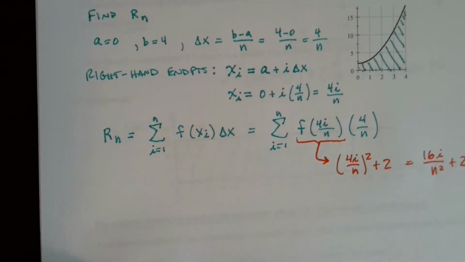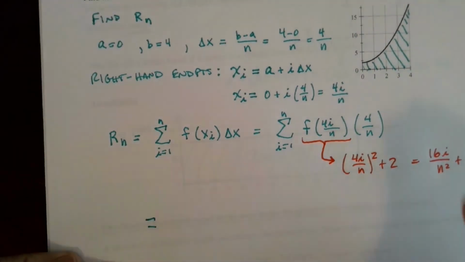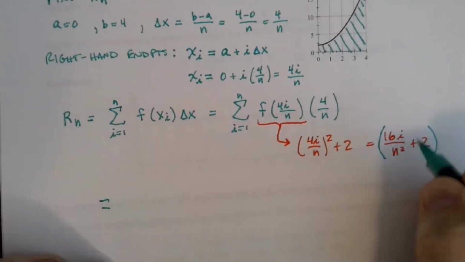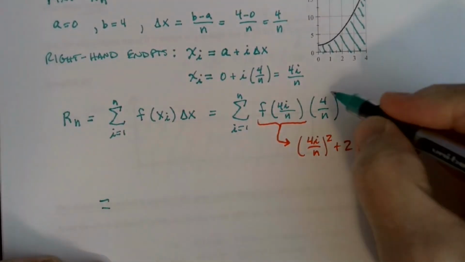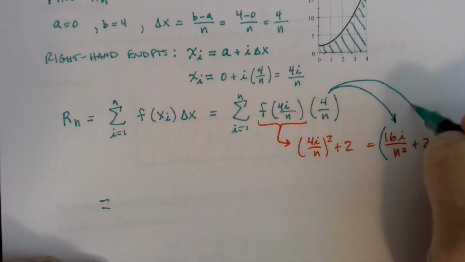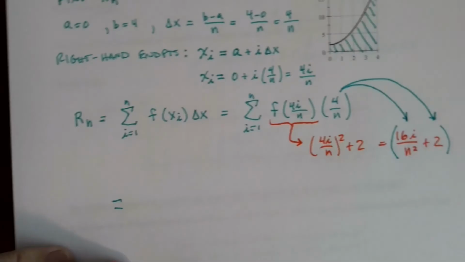Okay. And so what I'm going to do now is, this is really in parentheses, if you will, right? Right here. And this is multiplied by 4 over n. So I want to distribute 4 over n, use the distributive property, and expand this out.